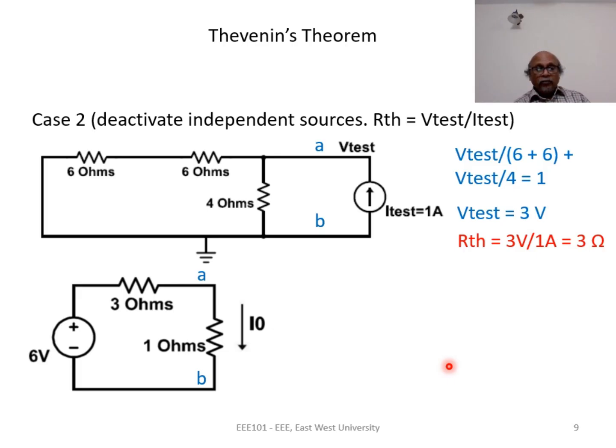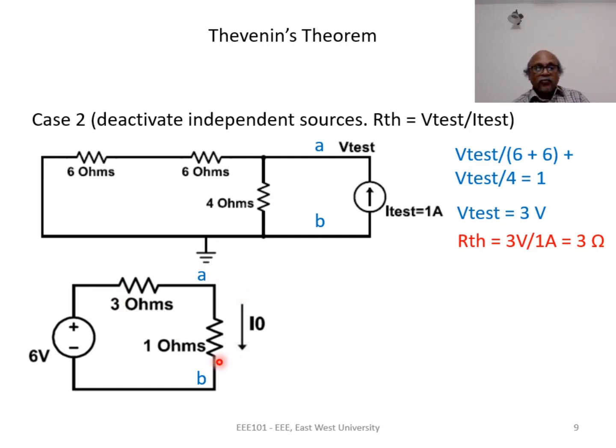So here we replace our two-terminal circuit by the Thevenin's equivalent. VTH is 6 volts, which is in series with RTH, that is 3 ohms. Between node A and node B, we have reconnected our 1 ohm load and I0 is the current flowing through the load.